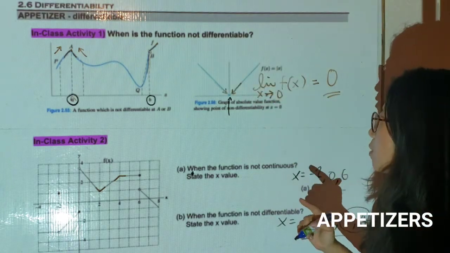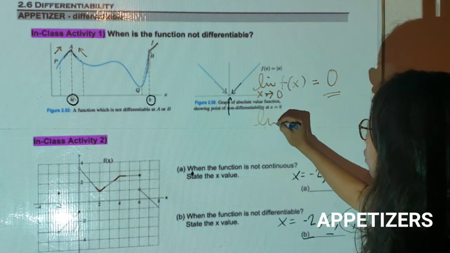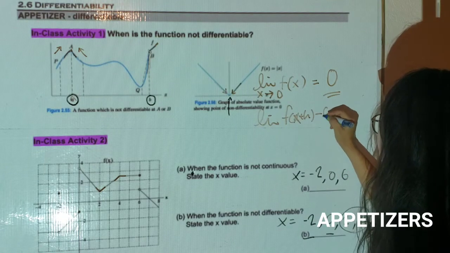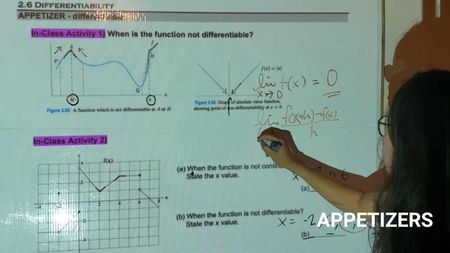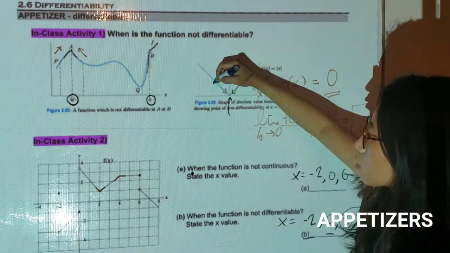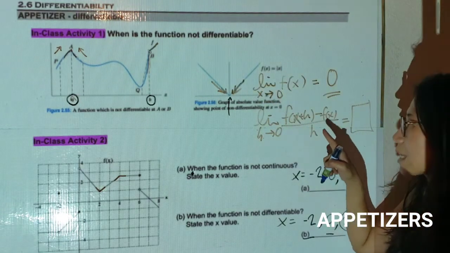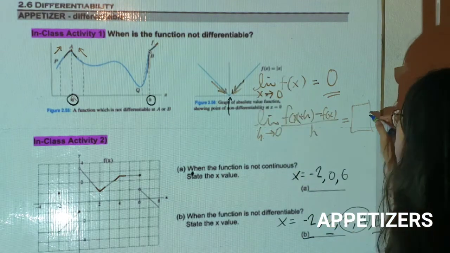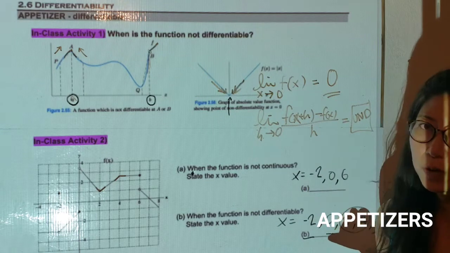However, now I'm changing to the rate of change: f of x plus h minus f of x, over h, as h goes to 0. Does that go to some number? No. This one is a negative slope, that's a positive slope. So for the rate of change, I cannot take a derivative; it's not differentiable at 0. So this one is undefined, or not differentiable.